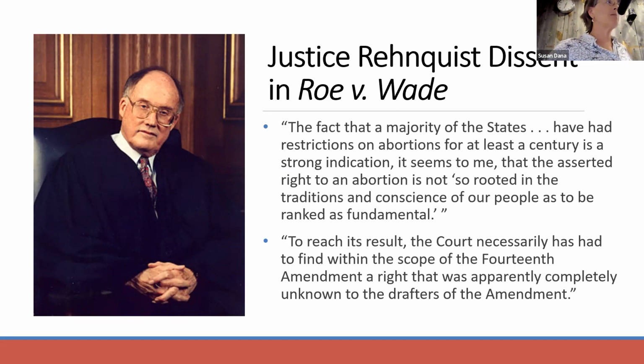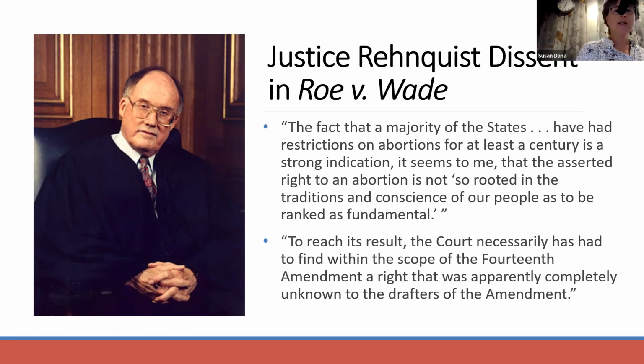And if it includes marriage and procreation, then it has to include abortion. But you'll see that's multiple steps. What's the saying? If you have to explain, you're losing. Yeah, so you have to really explain in Roe how you got to this right of privacy, whereas for the dissent, it's pretty easy. It's not there, and it wasn't meant to be there. And we have seen those dissenters consistently through subsequent privacy cases.